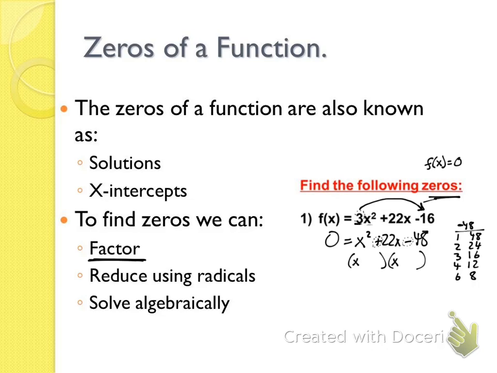When that one's positive, these two numbers have to add together to be positive, which means the bigger one must be positive, which means the smaller one must be negative. So I'm going to make all my smaller numbers here negative. And now I'm looking for which pair adds together to equal 22. And the only one that works is negative 2 and positive 24.